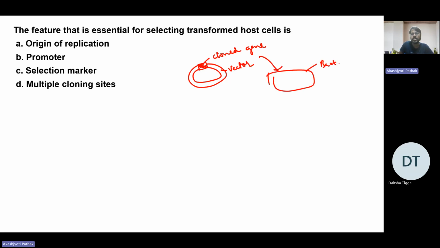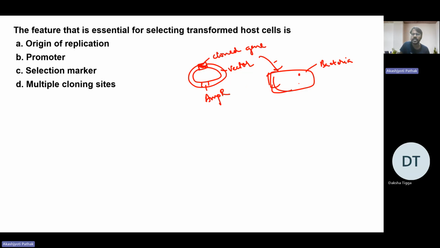This process is called transformation. Now, this plasmid has an ampicillin resistant gene. When you have done the transformation, you will plate it on an agar plate having this ampicillin antibiotic.